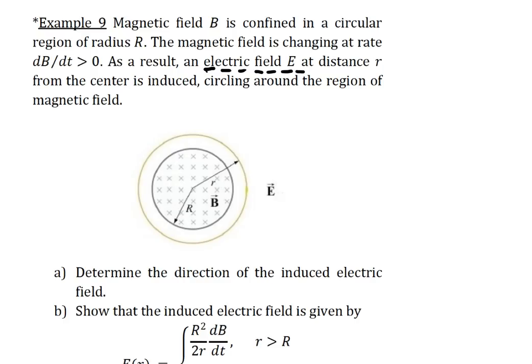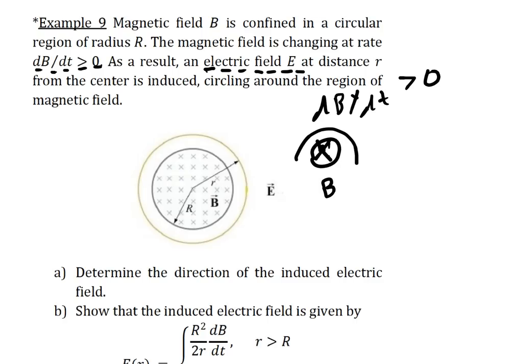What you are given is an increasing magnetic field, dB by dt, and this is the direction of the magnetic field. Using the right-hand rule, you should get the clockwise direction.